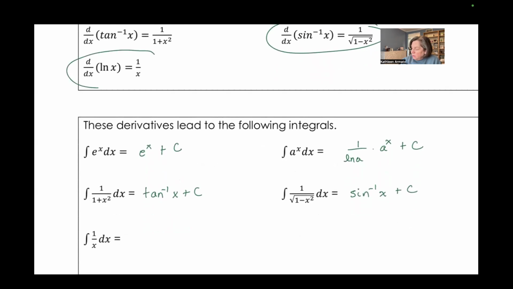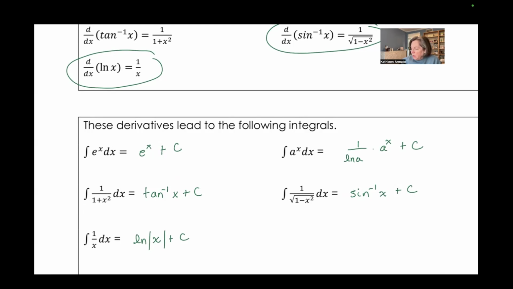And the derivative of natural log is 1 over x. So the integral of 1 over x, it seems like it should just be natural log of x, but there's a little bit of a twist here, which is that I need to put absolute value signs around the x. You have to be plugging a positive value into natural log.